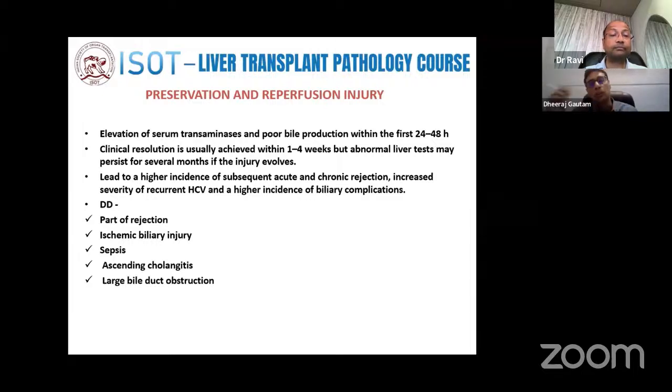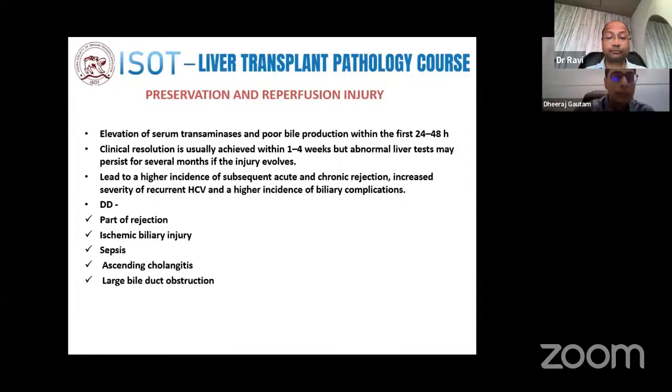Clinical resolution is usually achieved within 1 to 4 weeks. But abnormal liver tests can persist up to several months if the injury evolves. Then it leads to higher incidence of subsequent acute and chronic rejection, increased severity of recurrent HCV, and higher incidence of biliary complications.